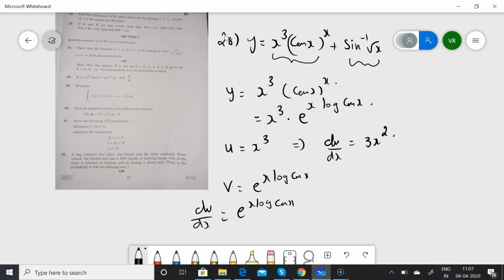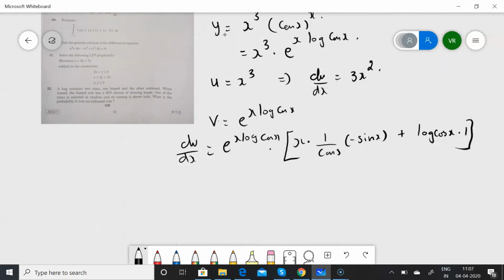Now I'll have to differentiate x log of cos x. So that would give me u into, now this I'll have to apply the product rule again. So u dv is log of cos x, that will give me 1 by cos x into minus sin x plus log of cos x into 1 plus e to the power of x log of cos x into v dash, u dash is now going to be 3x squared.